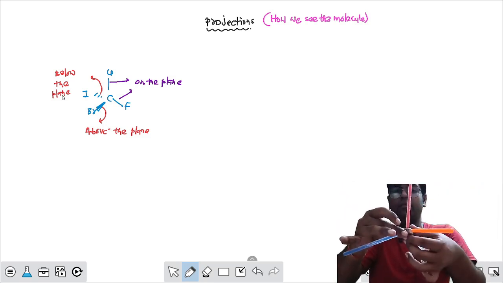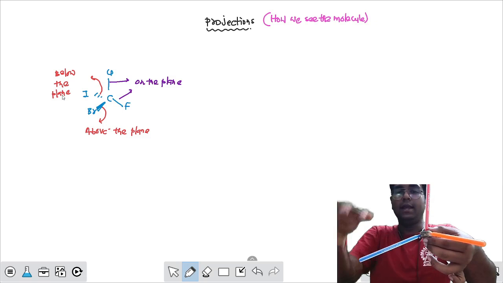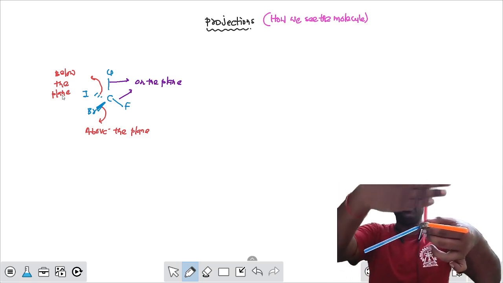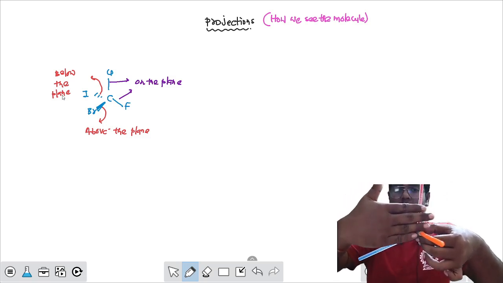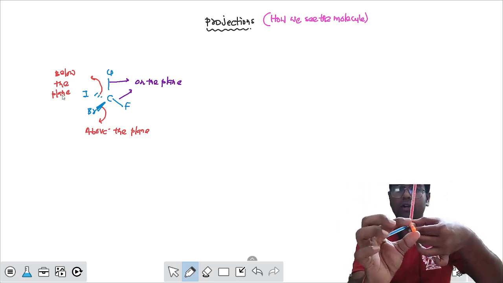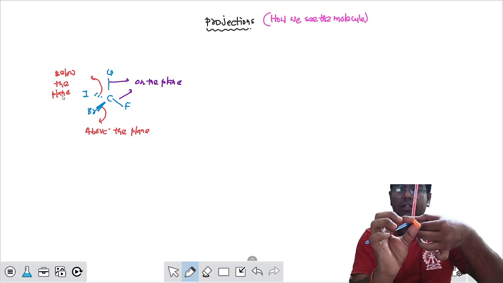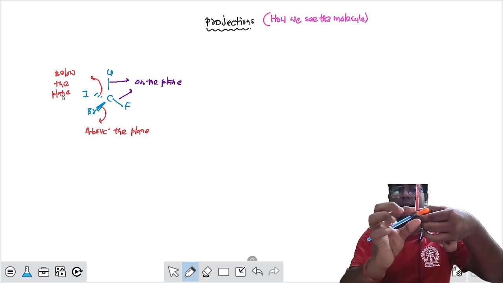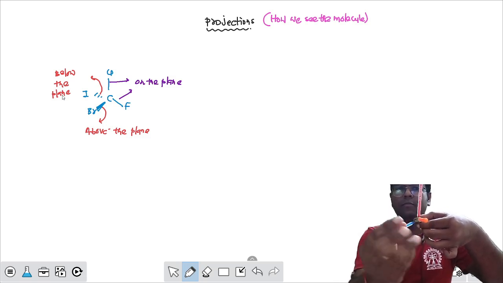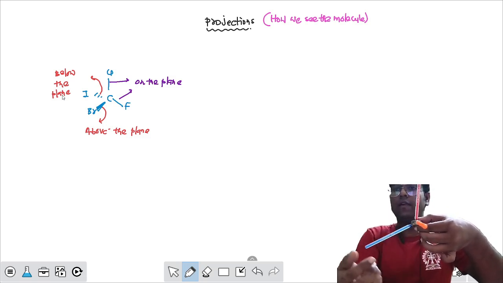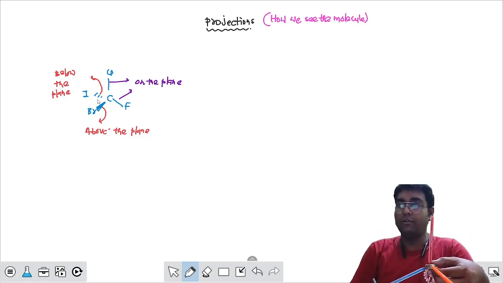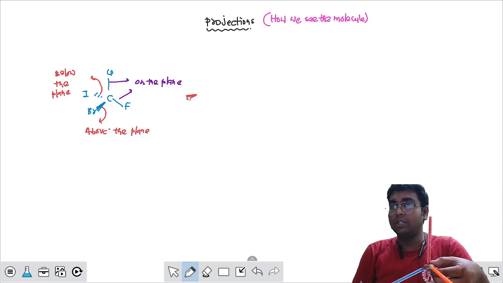Now we are considering this bond as C-Cl and this bond as C-F. So Cl and F are lying in this plane only. For that plane, you are seeing this orange bond is out of the plane, but it is towards you, right? If we consider this as the plane, then this bond is towards you. So basically this is the bromine atom, which we have denoted as a wedge. This type of notation is called wedge.